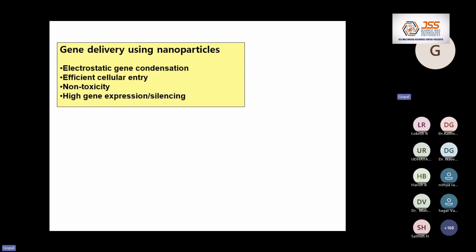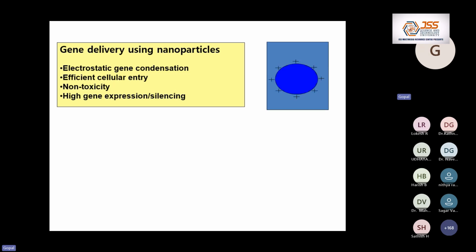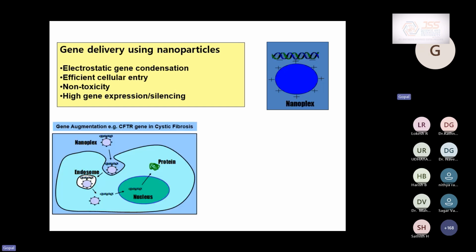And gene delivery using nanoparticles is already there: electrostatic gene condensation, efficient cellular entry, non-toxicity, high gene expression, silencing, all this. Now you see how it is done using a plasmonic technique. When you want to do a plasmonic technique, you have to go with a nanoparticle with a metal and a dielectric surface. Then gene augmentation, CFTR gene in cystic fibrosis.